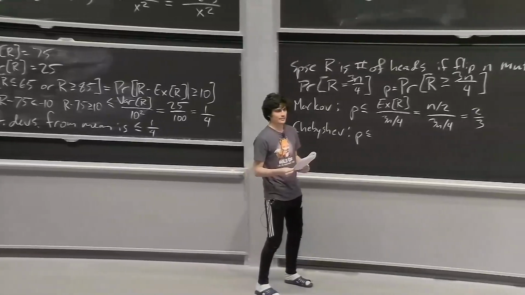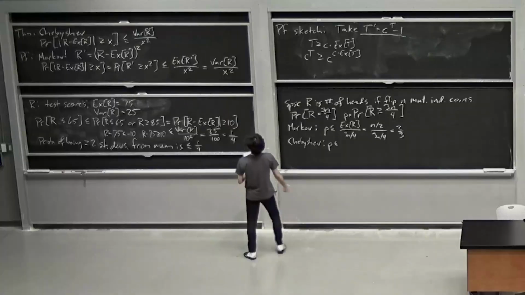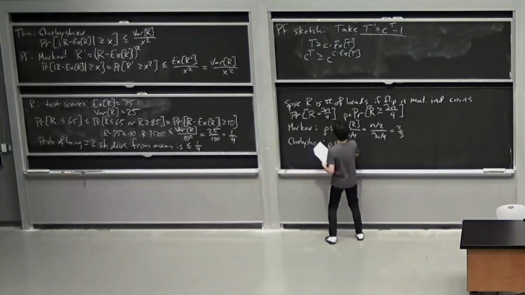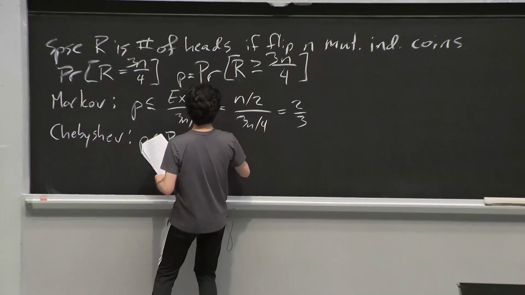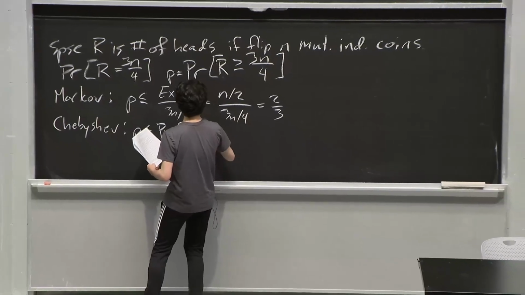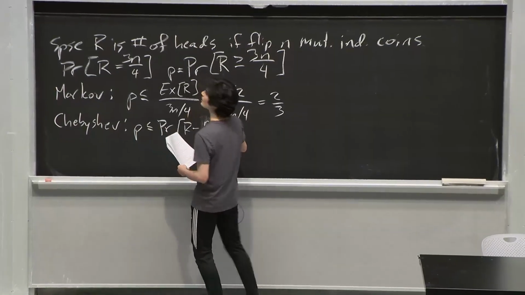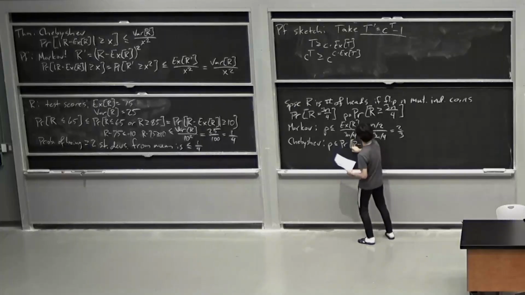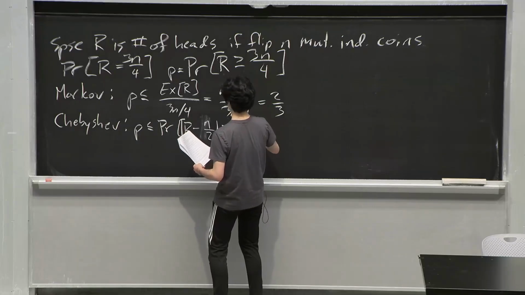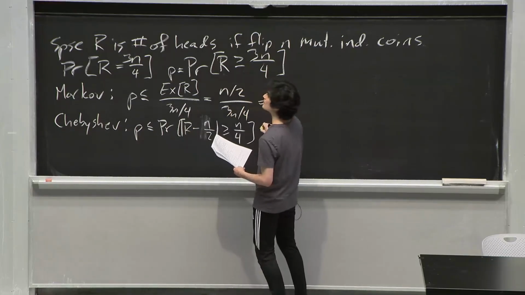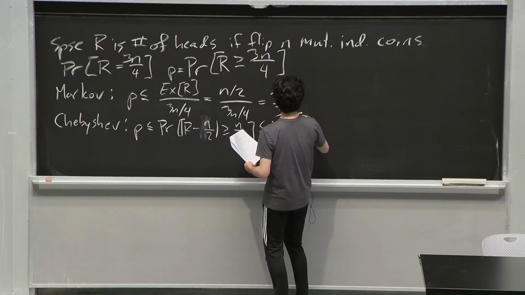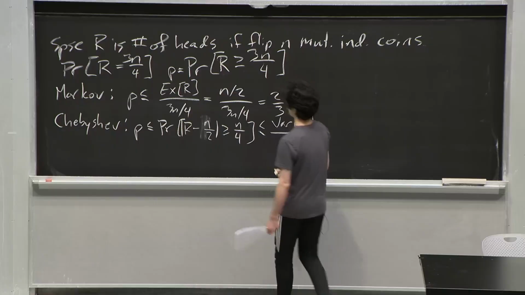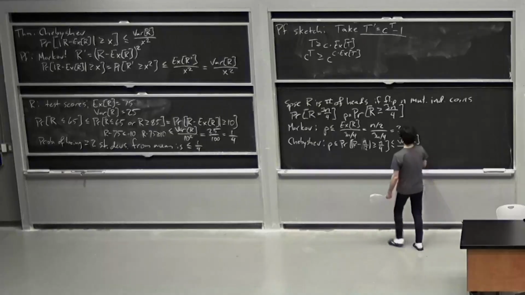So what does that give us? Probability R minus, let's say, n over 2, greater than or equal to n over 4 is at most var of R divided by n over 4 squared.